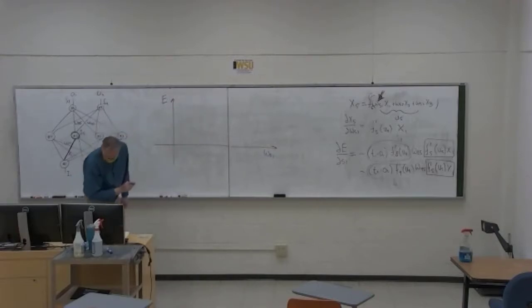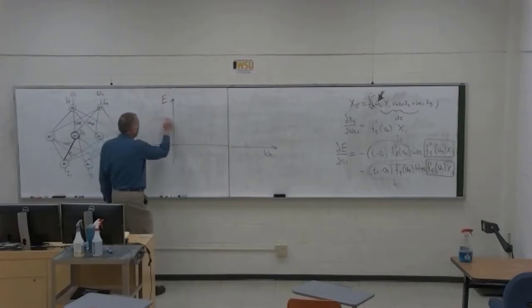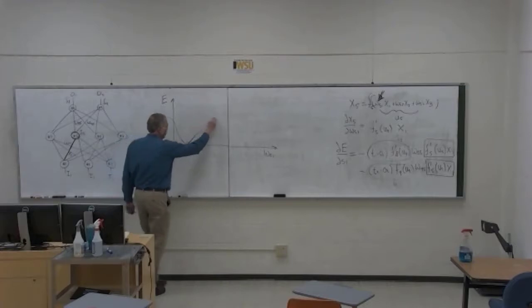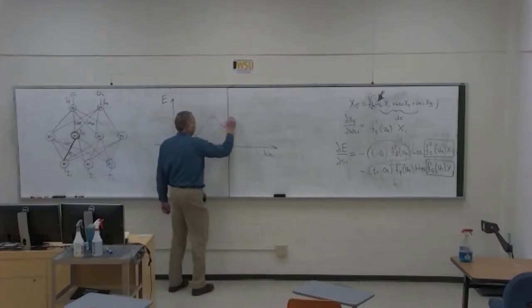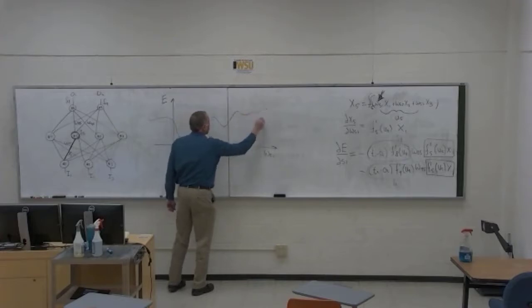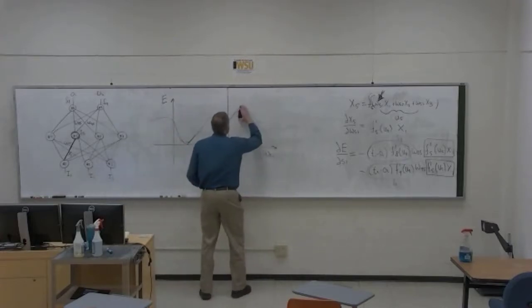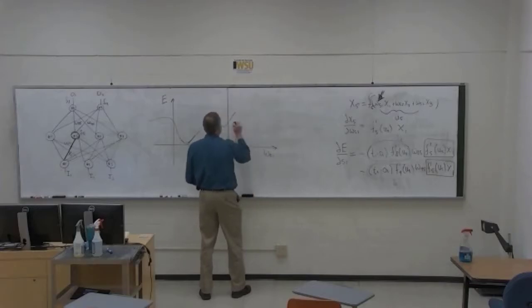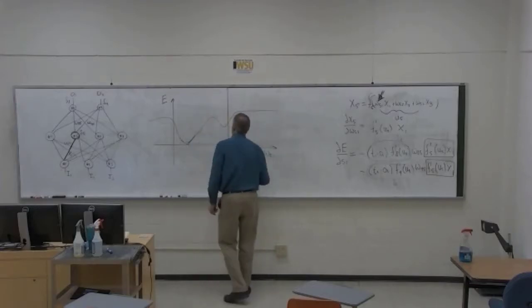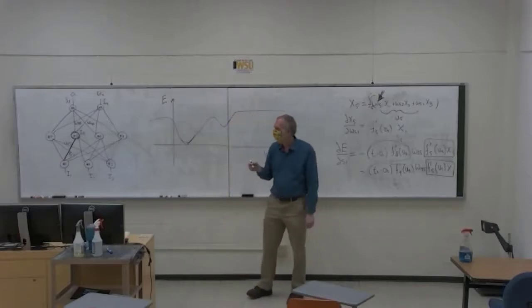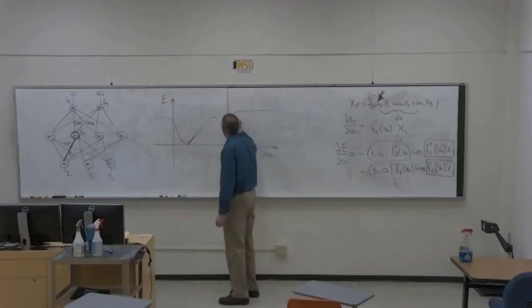Let's say it looks like this, going all the way down really close to 0, like that, right? But let's make this a little flat over here. So let's say we pick an initial weight before we start training that's right here.